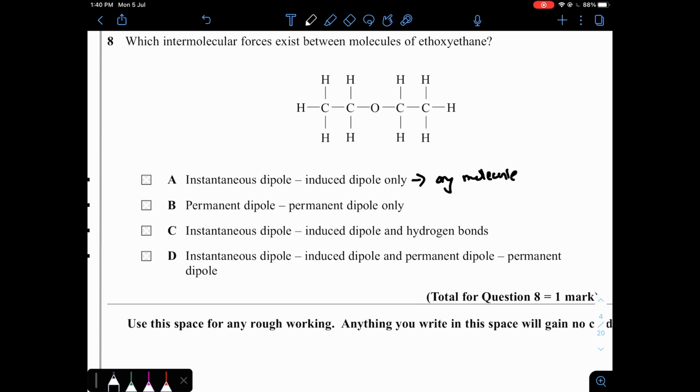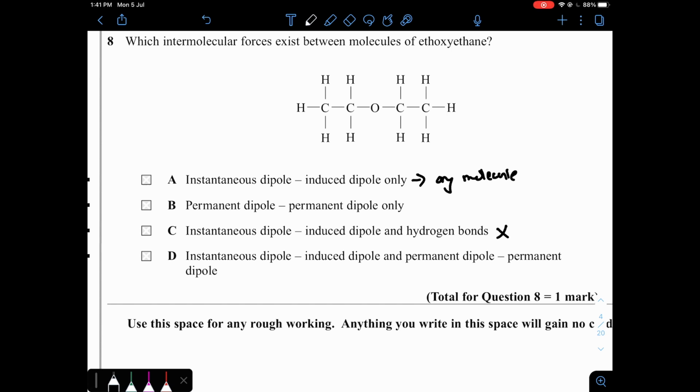Permanent dipole, that's if they have a dipole. What else? If they had a hydrogen attached here, we could have said they have hydrogen bonding, but they don't. So we can't conclude that they have hydrogen bonding. So hydrogen bonds are gone.